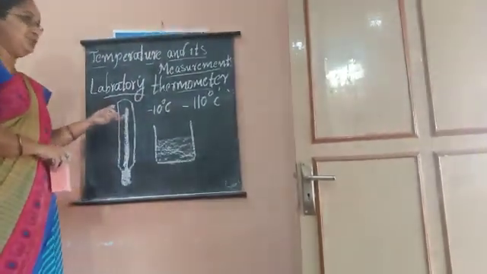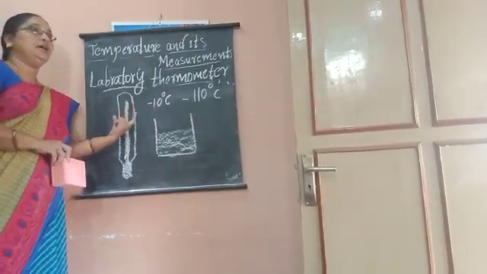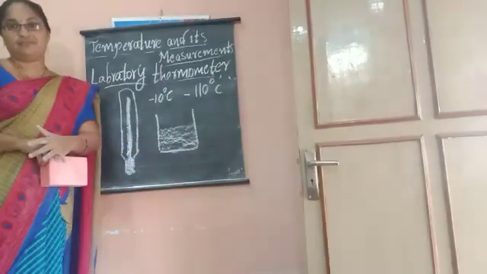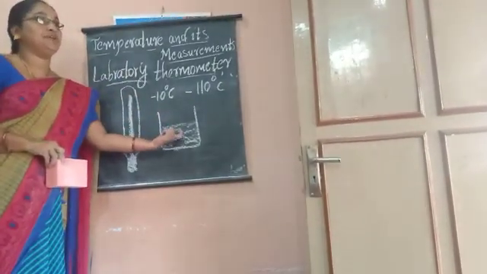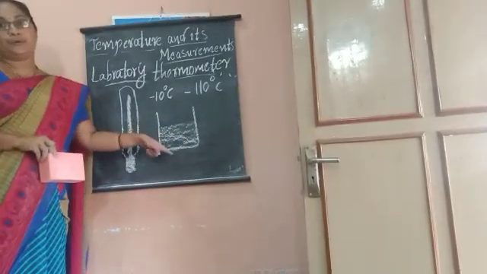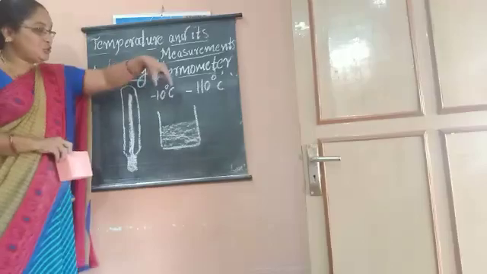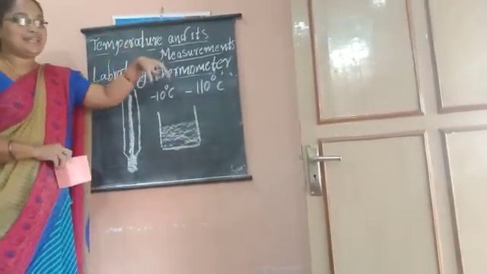Okay, to whichever liquid you are going to measure the temperature, take the laboratory thermometer and immerse it in that liquid, and the bulb should not touch the bottom and the walls of the container. You must hold the thermometer vertically while it is in the liquid itself.